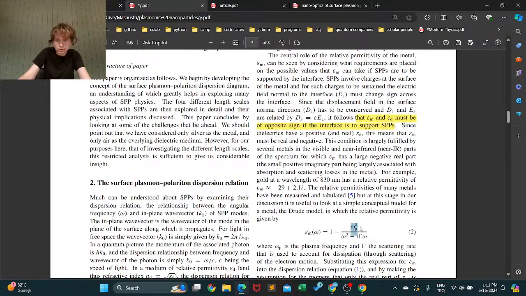So this smaller than this. No, this is bigger than this. Plasma frequency is bigger than that.